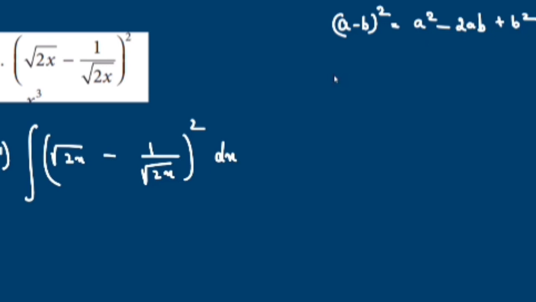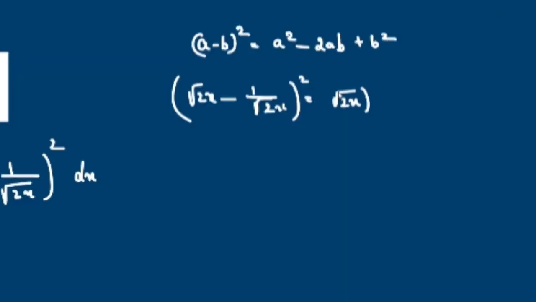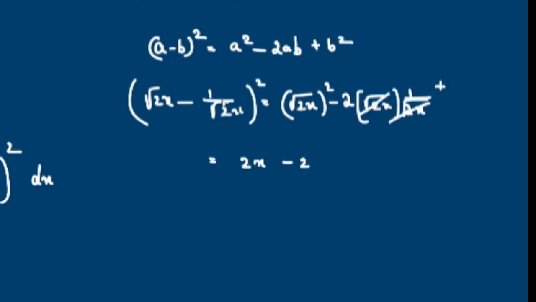So here, root 2x minus 1 by root 2x the whole square, that is equal to a is root 2x. So root 2x the whole square minus 2 into a is root 2x, b is 1 by root 2x, plus 1 by root 2x the whole square.